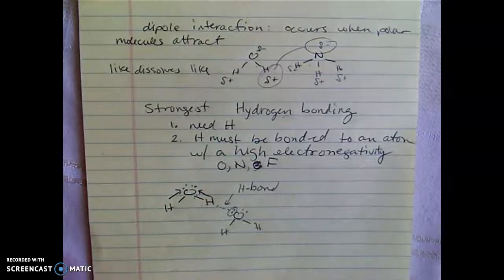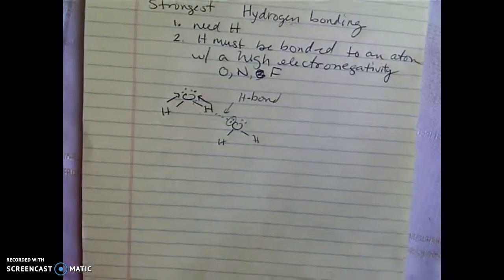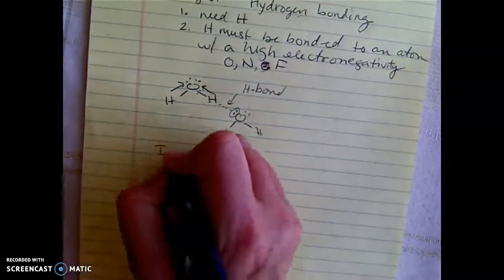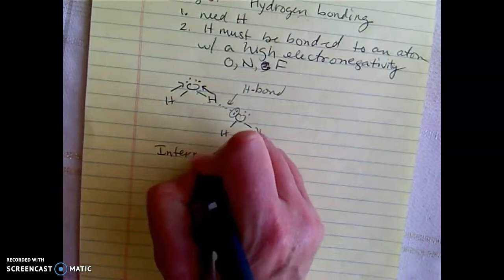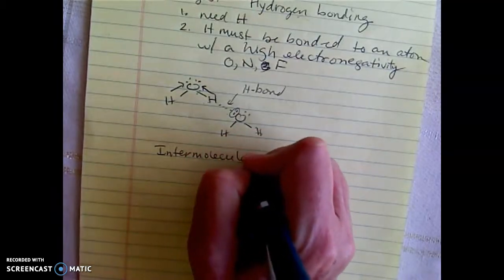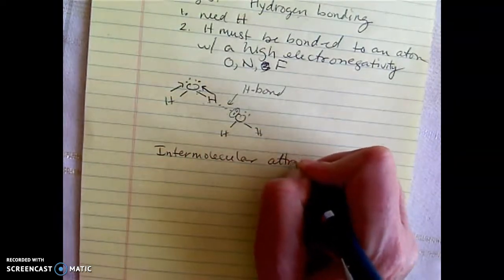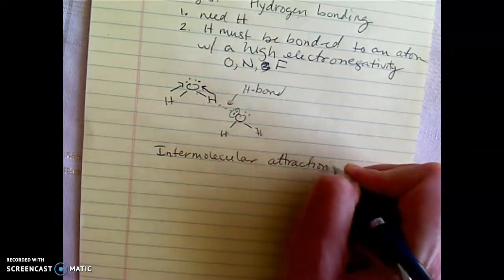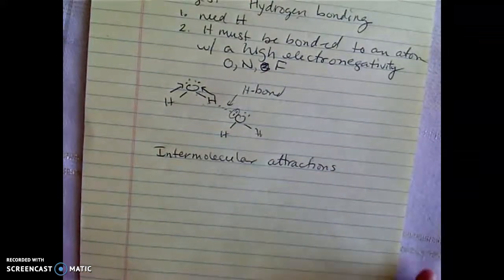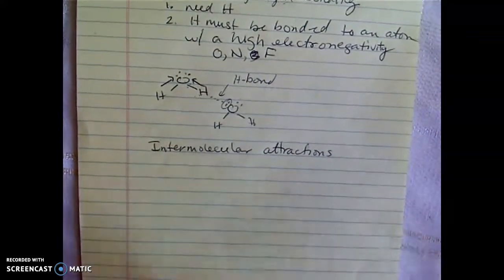Okay, so now we're just going to summarize it really quick. We have three intermolecular attractions that we can see between covalently bonded molecules.